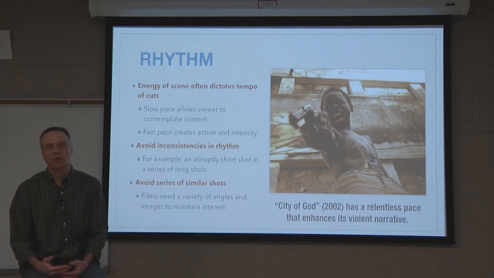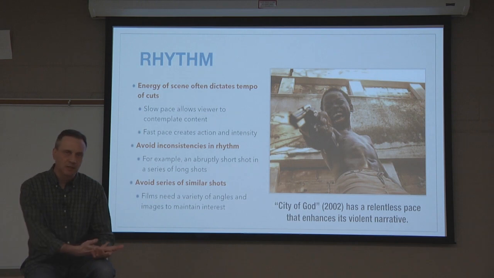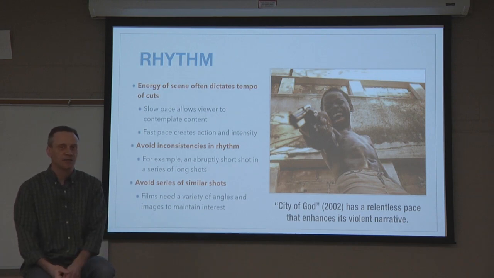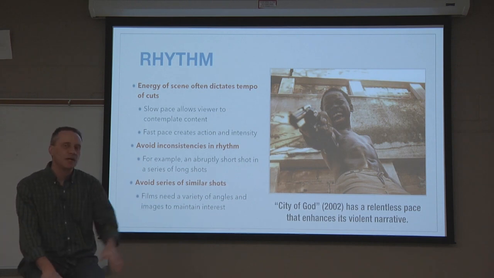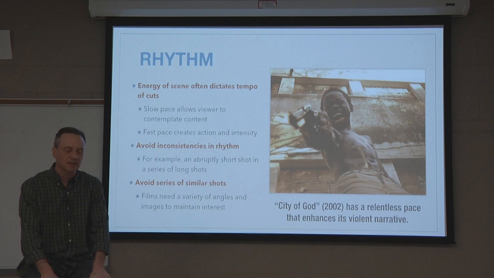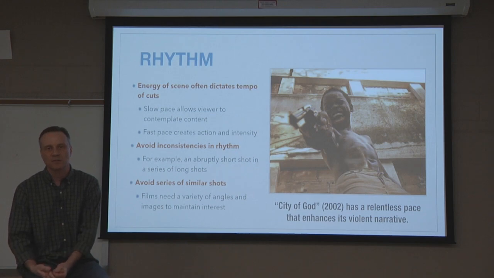We want to avoid abrupt changes in rhythm to where maybe we're going slow, slow, slow, and all of a sudden fast for just 1 or 2 cuts, and then we're back to slow again, because that can be really jarring to an audience. So avoid those inconsistencies. Avoid also similar shots. Maybe this is what you're doing for your B-roll assignment.